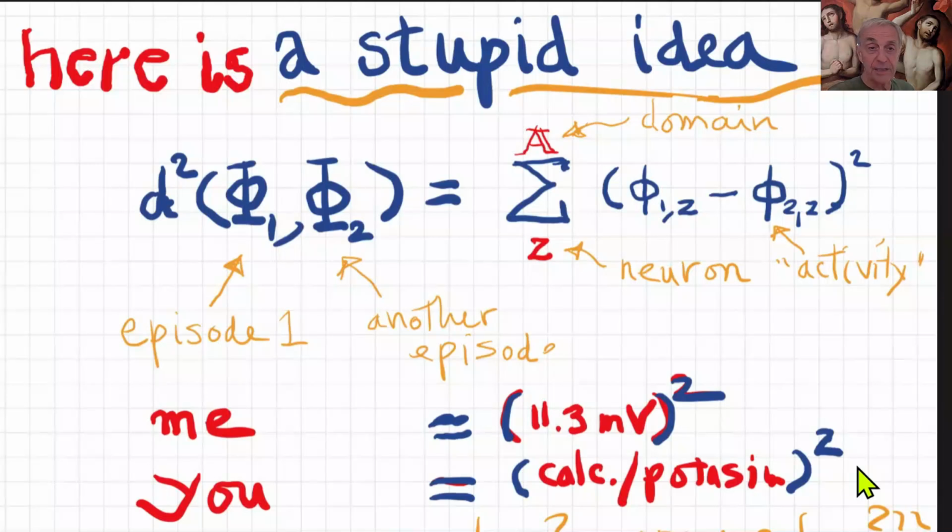So capital F is all the things that are happening at time 1, a million things, and the other one is at time 2. And now the simplest idea is, we just subtract the two. And we have this optimistic idea that if they're the same, it'll just give me a 0, and if they're not the same, it'll give me some number.